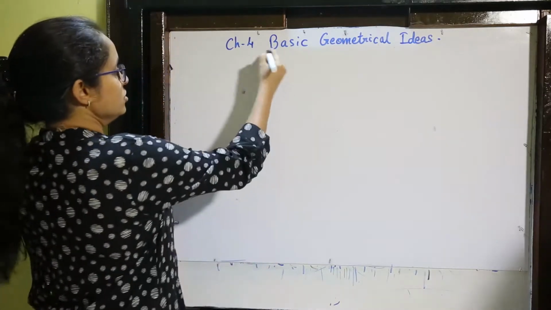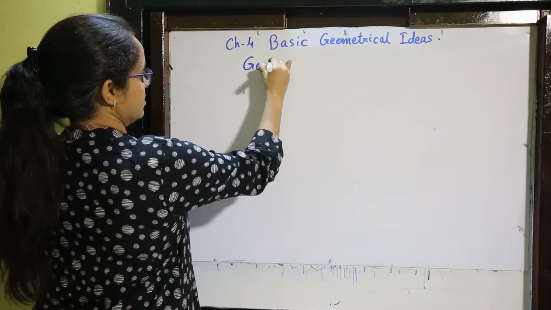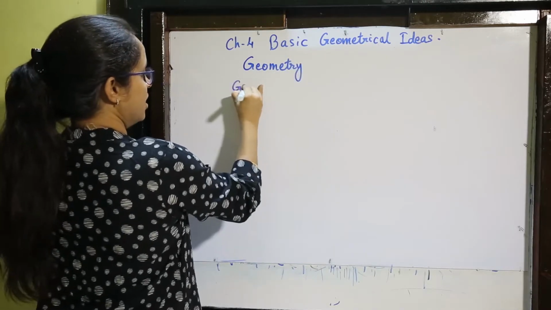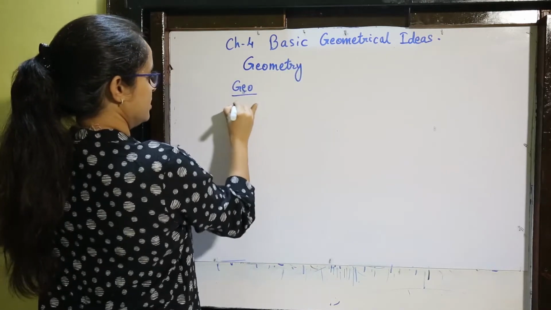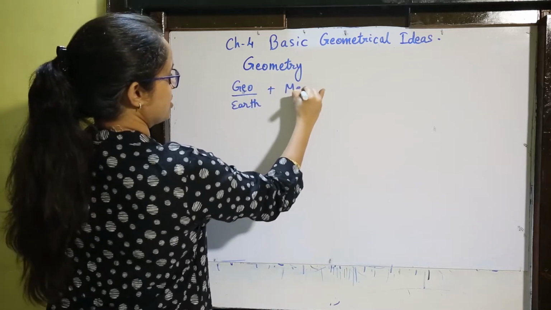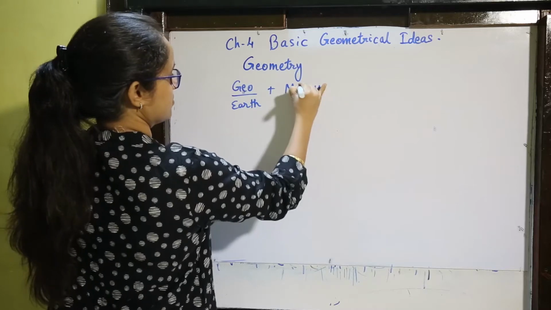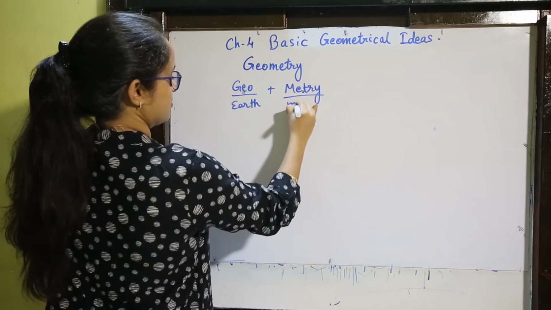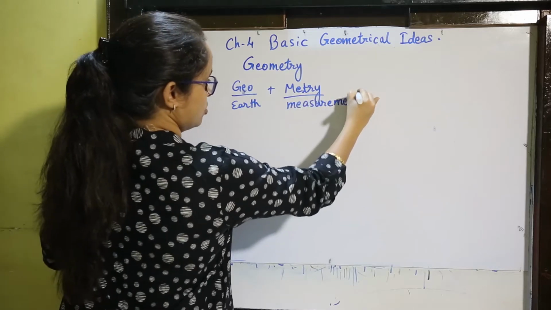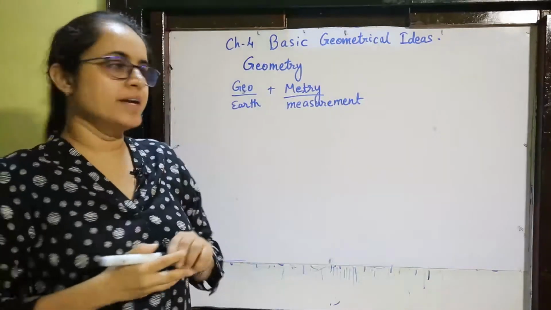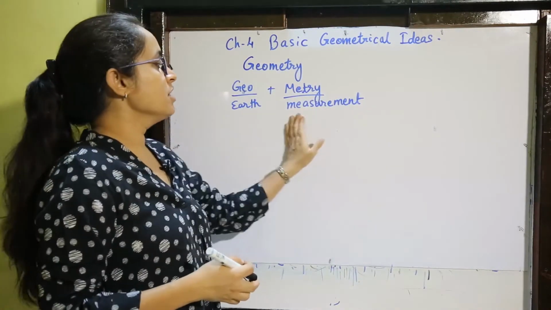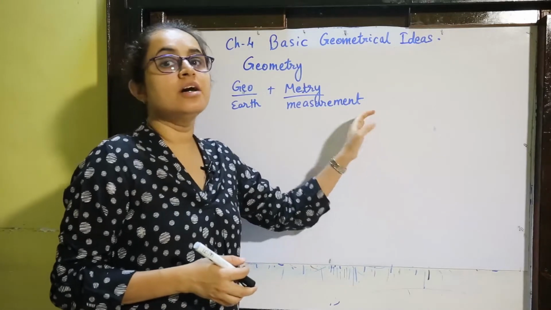First of all, geometry: geo means earth, and metry means measurement. So geometry means earth's measurement, or the different shapes on the earth.